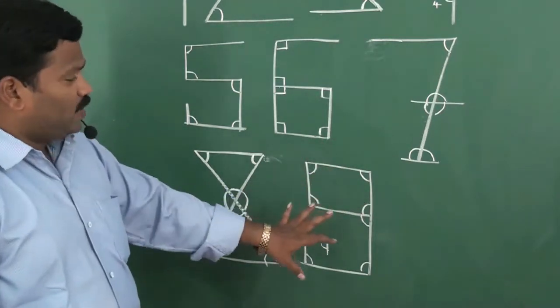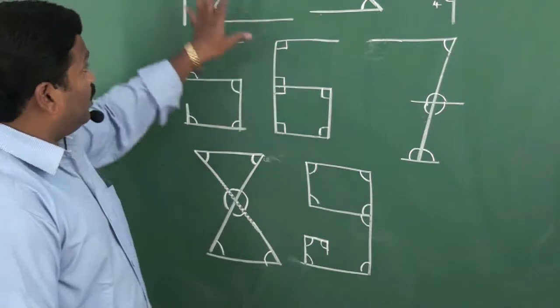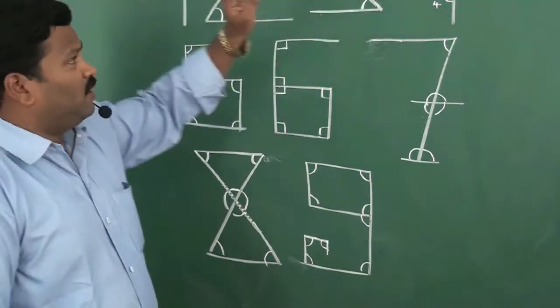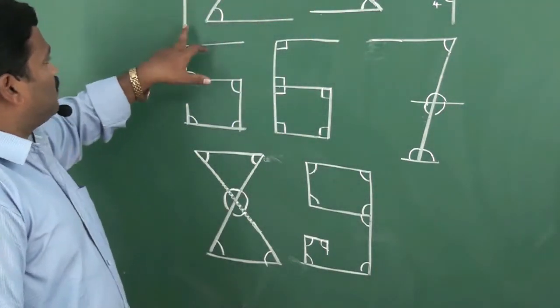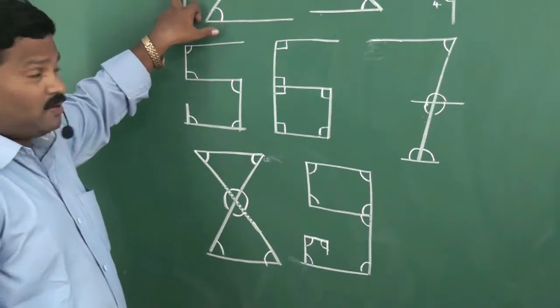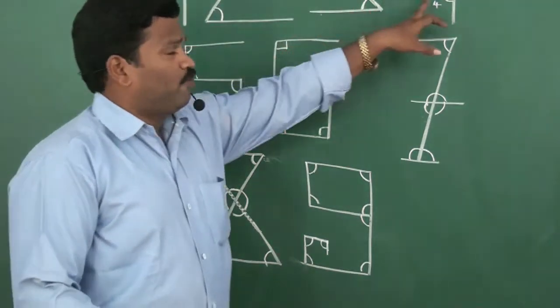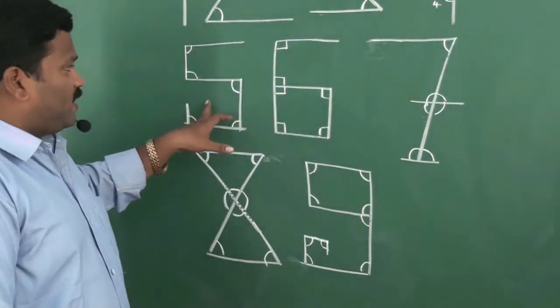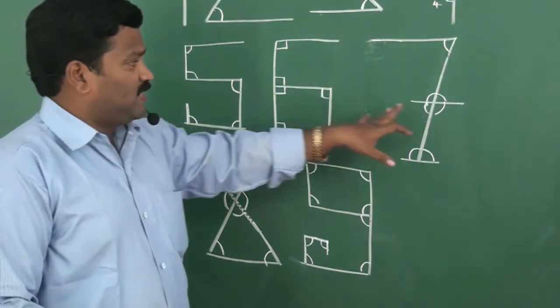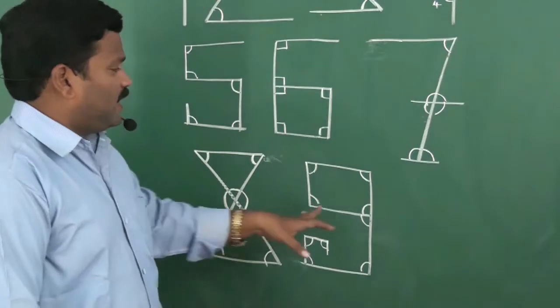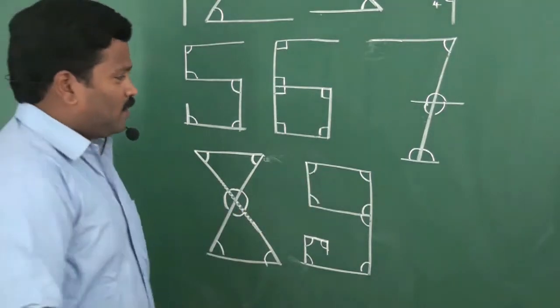What are the numbers we are writing today? All derived from geometry. See, this diagram consists of 1 angle, that's why it is 1. It has 2 angles, 2; 3 angles, 3; 4 angles, 4; 5 angles, 6 angles, 7 angles, 8 angles, 9 angles.